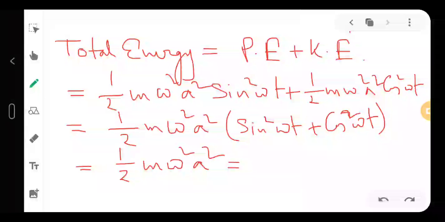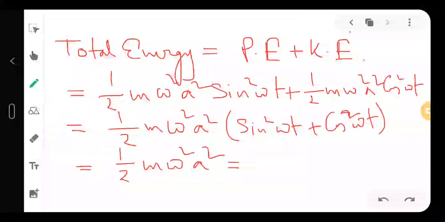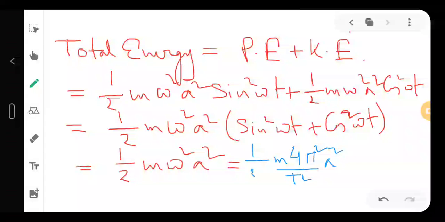So if you write this in terms of time, what will be the value? That will be half m omega, I will write 2 pi by T, that is 4 pi square by T square, a square. So this you can write even if you know the time period.